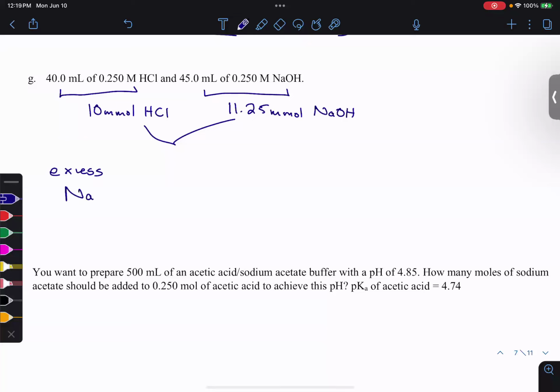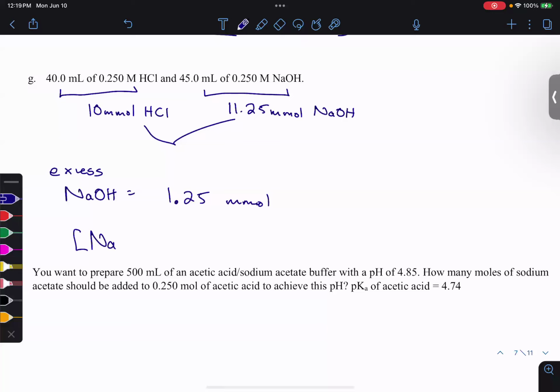Sodium hydroxide. By how much? 1.25 millimoles. And that is what's going to dictate our pH, whatever is in excess. All 10 millimoles of HCl reacted with 10 millimoles of sodium hydroxide to make a pH neutral salt, NaCl, right? So we just need to figure out the concentration of that.